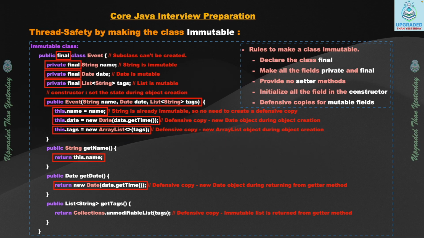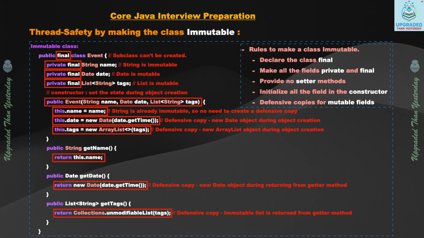At last, the tags method returns a list, which is mutable, so created a defensive copy by calling Collections.unmodifiableList, which is a static method which returns a copy of the given list which cannot be modified. This is how immutable class is defined, so that the state of the object can be saved from getting modified.